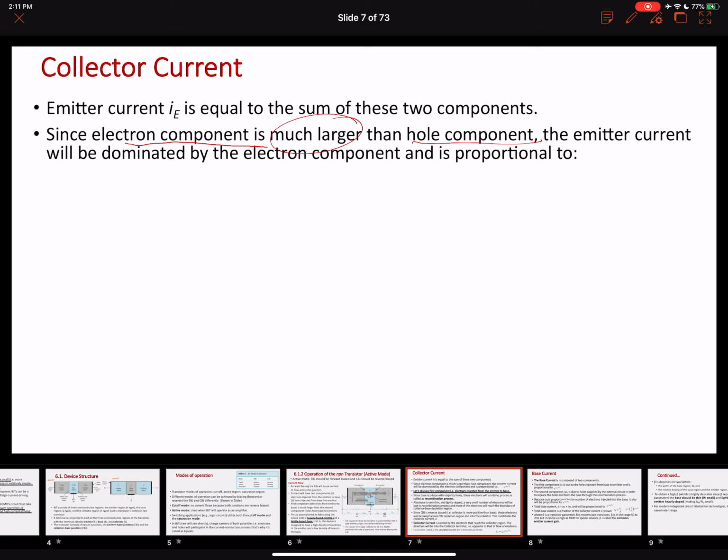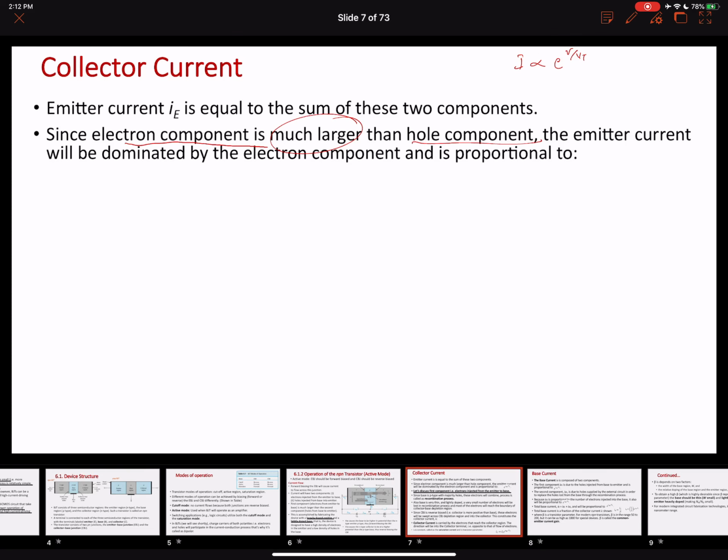Okay, so our emitter current has two components, and the electron component of the emitter current is much larger, or dominant, compared to the hole component. So what will it be proportional to? If you remember the PN junction, chapter 3, the diode section, the current that will flow is proportional to the scaling current and then the exponent of the biasing voltage over the thermal voltage.